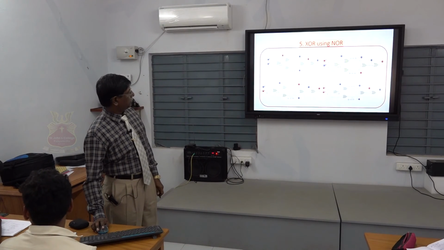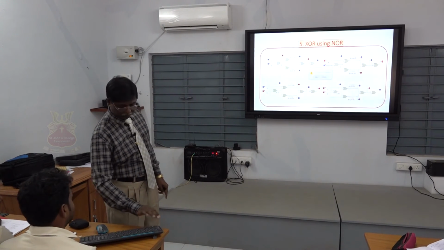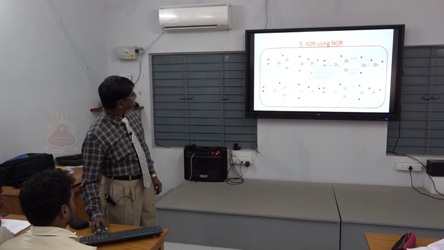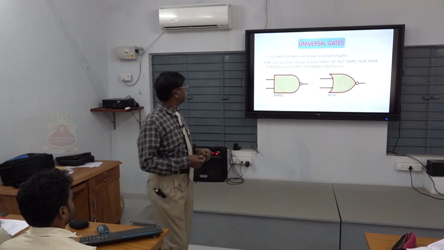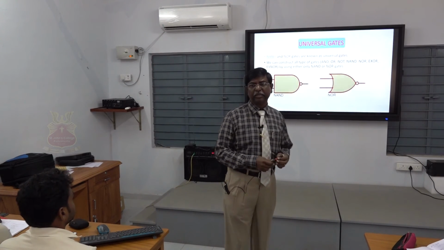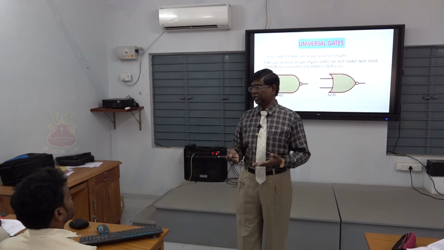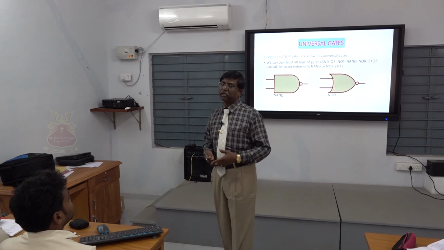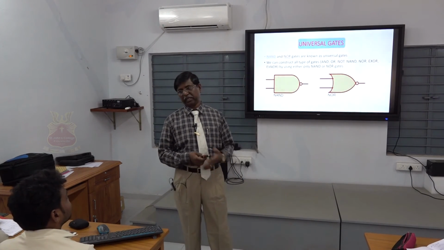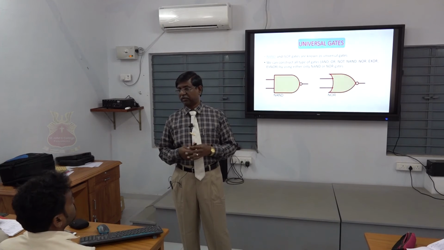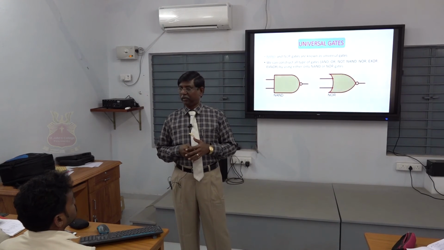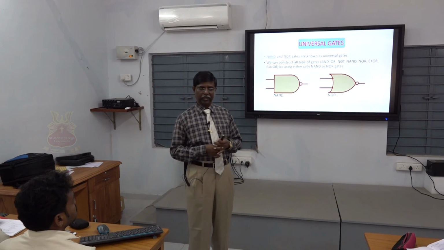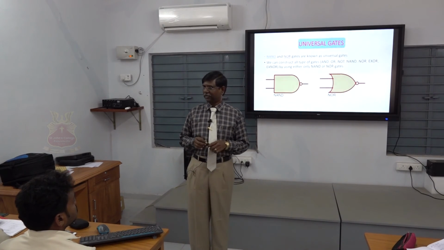Also, in the construction of arithmetic circuits, maybe adder circuits, half adders, full adders, we make use of the XOR gate. In a half adder circuit, how many XOR gates are implied? You are doing it in the laboratory practicals, the half adder.